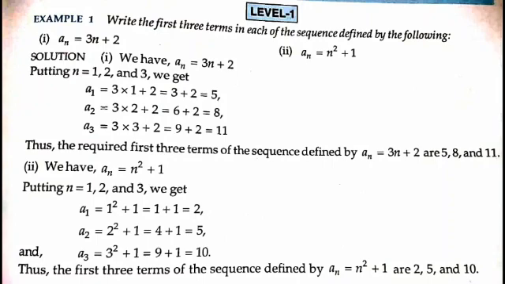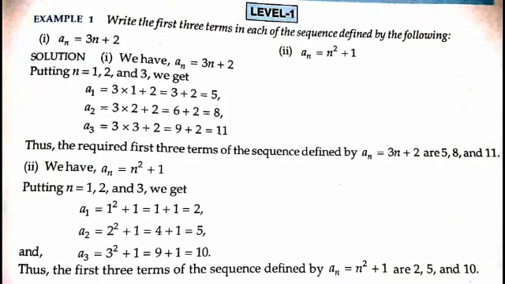In subtopic 2, we have the general term, that is nth term An is equal to n square plus 1. Putting n is equal to 1, 2 and 3 for first, second and third term of the sequence, we get for first term A1 is equal to 1 square plus 1, which is equal to 2.